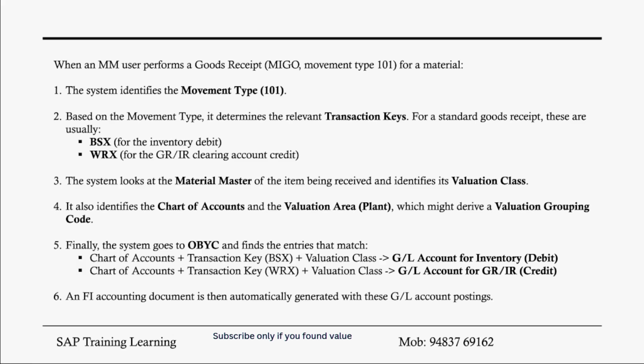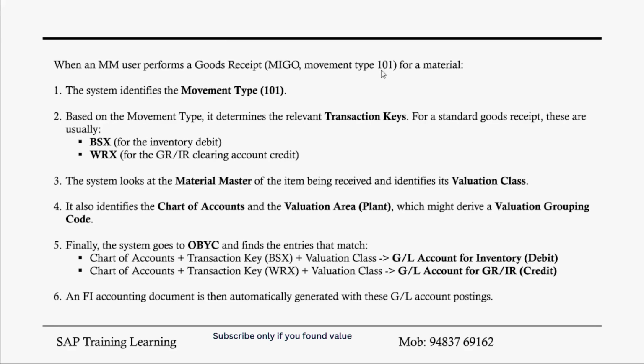You all know there is another movement type, 101K, which is for consignment. What happens in this movement type 101K? You will take the stock into your warehouse, but because of movement type 101K, it cannot be your own stock. Instead, it will be a consignment stock, which means there will be no increase in your inventory. Like that, there are many movement types, right?